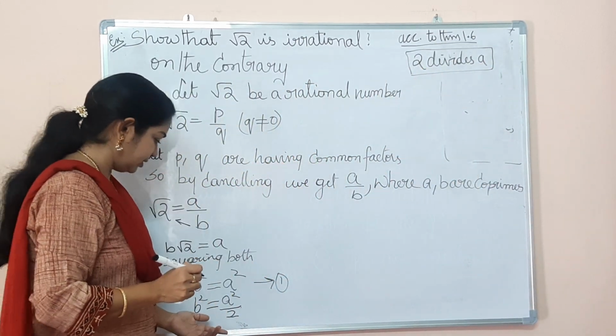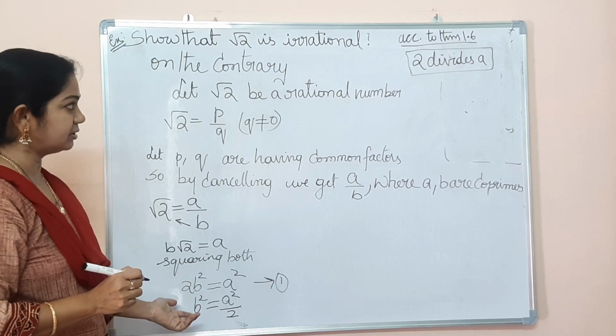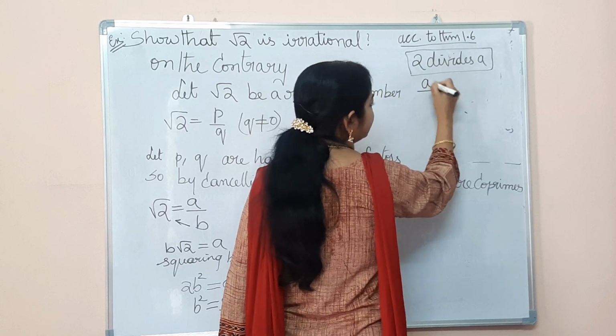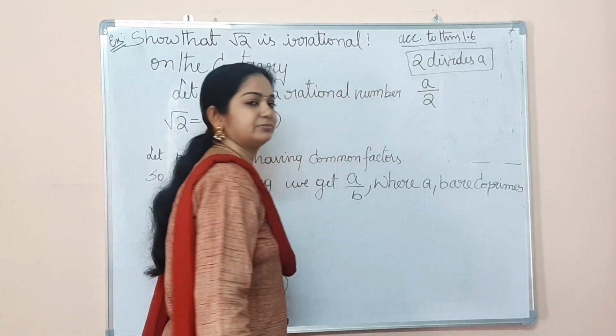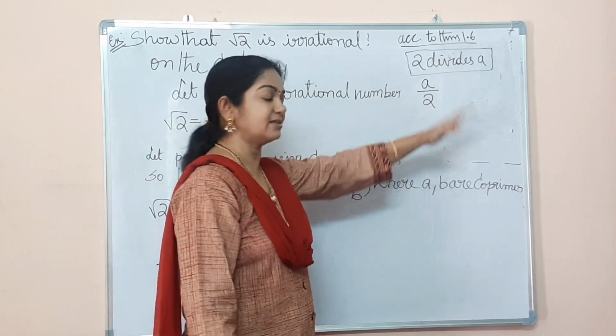Okay. Now if you are assuming 2 divides A, that means A is being divided by 2. If A is divided by 2, we will get some value, some answer.